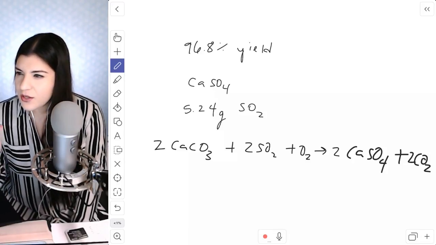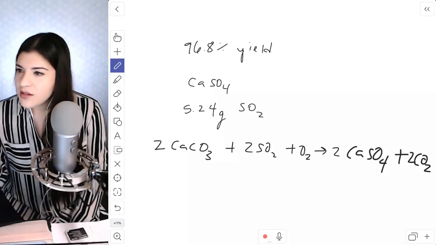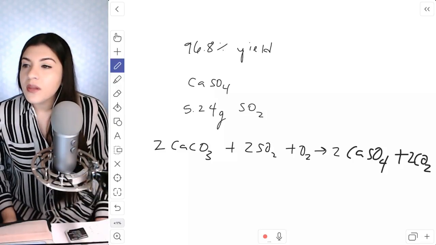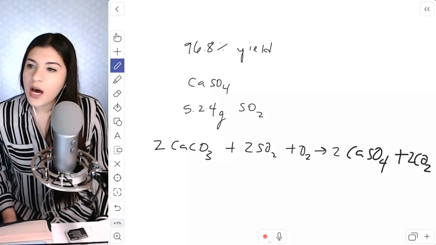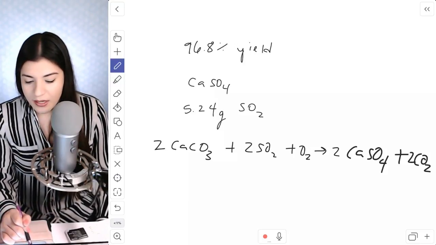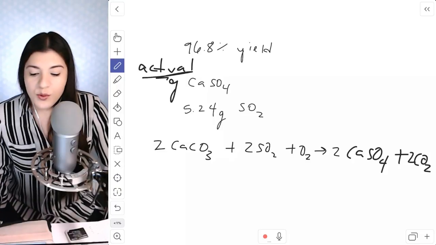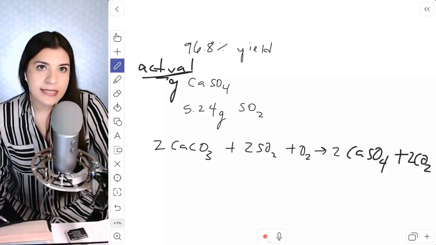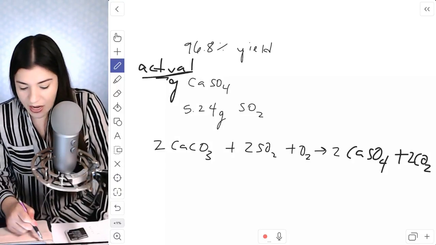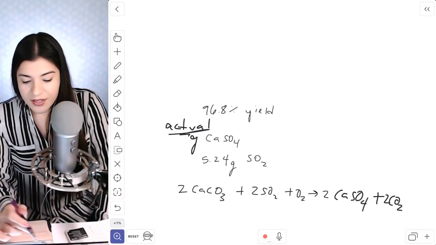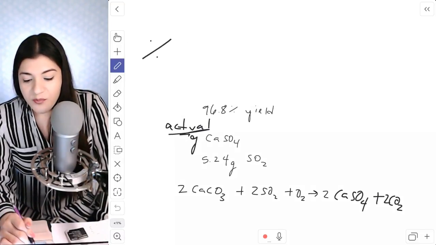Okay, so I'm looking for the actual yield. And let me just go back to the question. I'm given the percent yield, how many actual grams, thank you, that's what I need. How many actual grams of this product did we produce? So the missing information that we need right now is the theoretical yield. And how I can tell that already is due to the formula of percent yield.